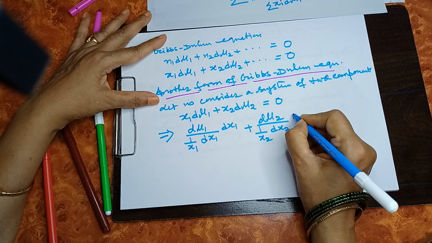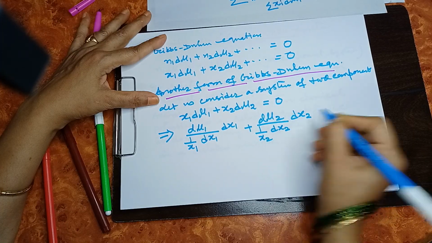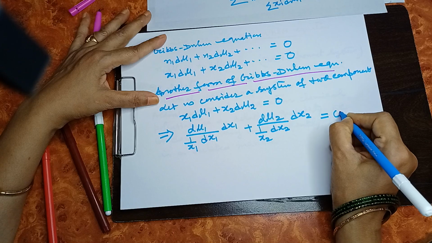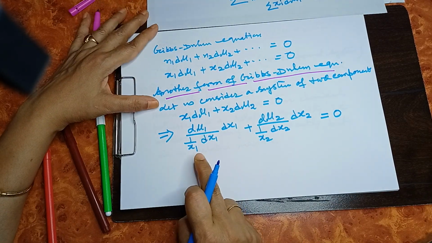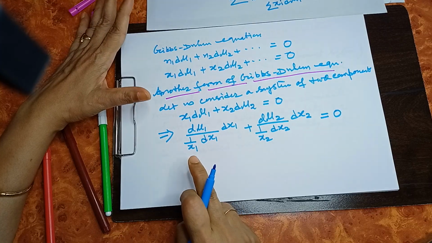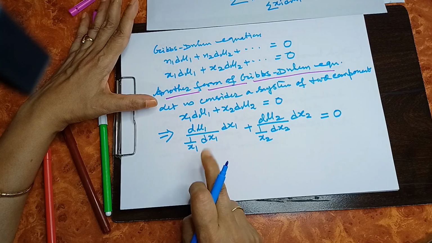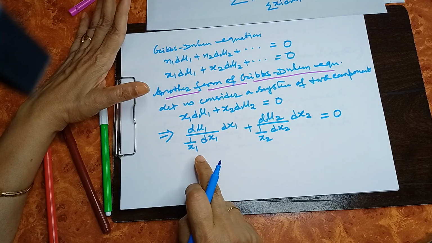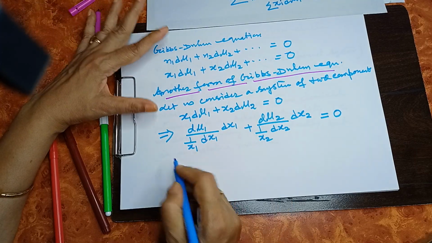Then dx2 is equal to 0. Now we know that d/dx of log x is equal to 1 by x. So 1 by x dx will be d ln x. Ln means base e.